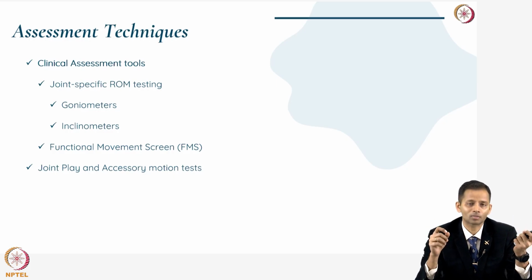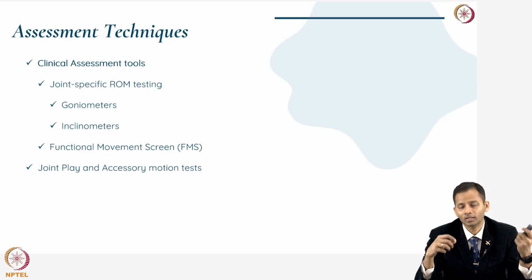So that is tested by various methods called joint play, specifically for the arthrokinematic measurement of these joints, the movement that is available at the level of the joint. So that also helps in understanding the accessory motions that are available in a particular joint.